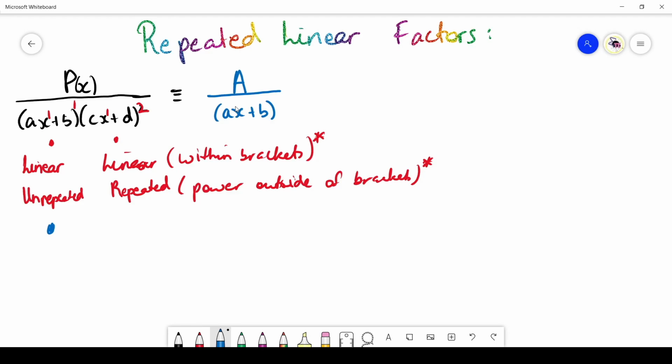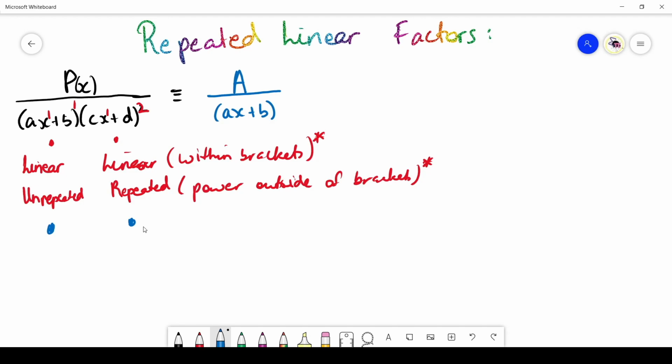So if you really truly want an honest opinion, I always tell kids that examples that have repeated linear factors usually tend to have a mix of both linear unrepeated and linear repeated. All right, so you will have one of the factors just being regular, no power, not repeated, but the other one is a bit different.